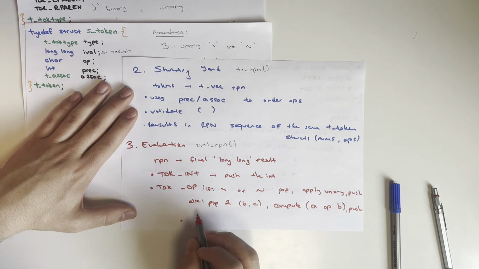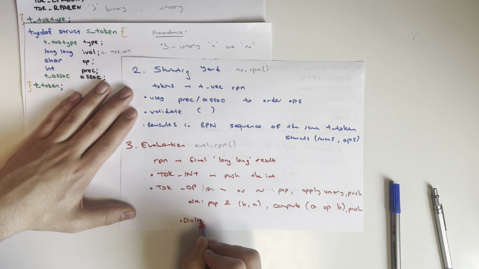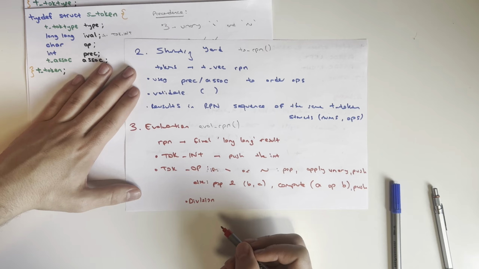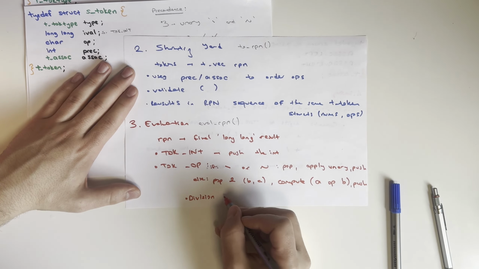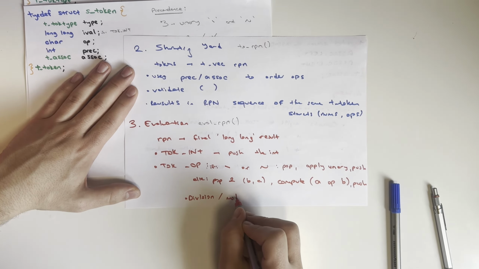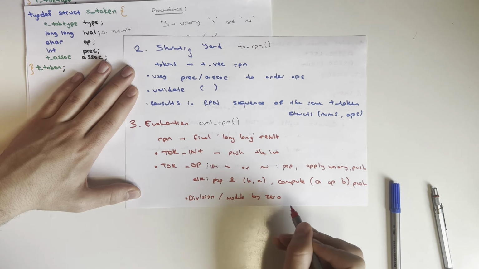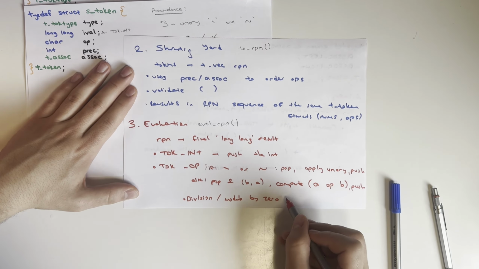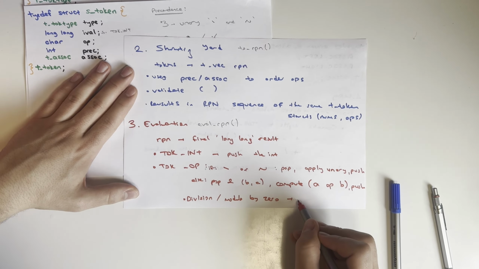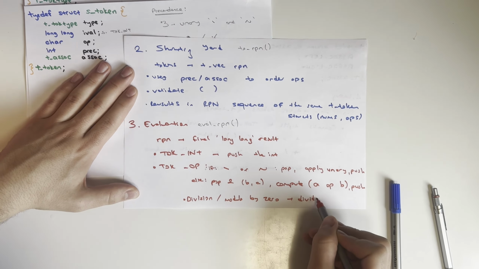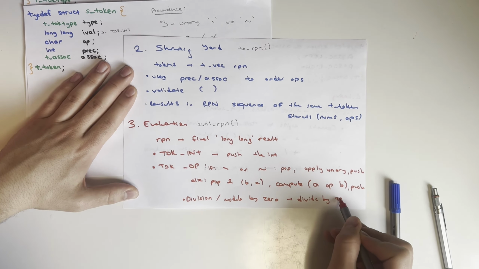And we will also be checking division and modulo by 0, and it will check the error of divide by 0.